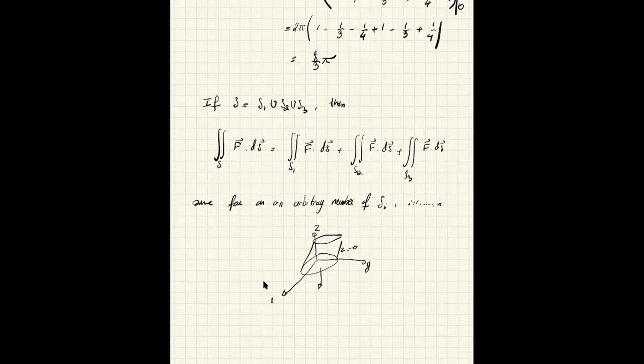The normal vector here is minus k directly because it's a plane, right? And if the vector field is, for example, something that lies on the xy plane, then the scalar product is 0, right? If this is F. So here you can immediately say that F dot n is 0.